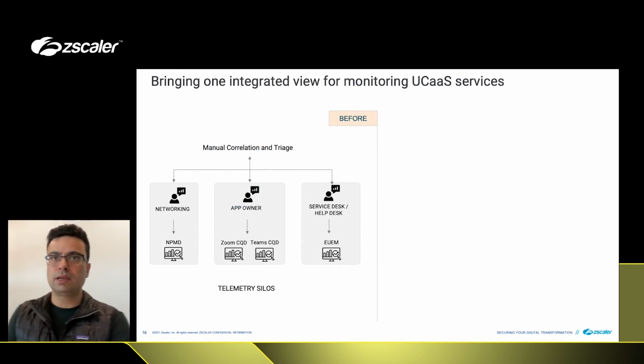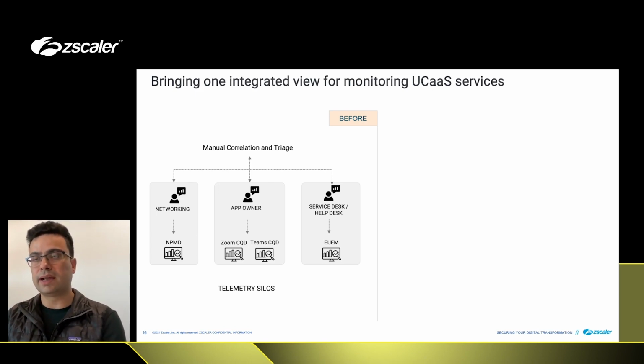So if you think about how these different teams or personas within your organization were solving these problems by looking at different kinds of tools or metrics, this was creating a lot of silos that were not talking to each other, and there was very little context shared between them.